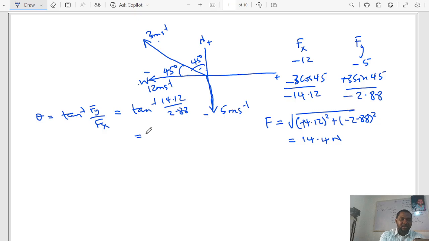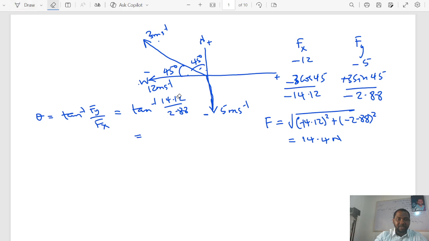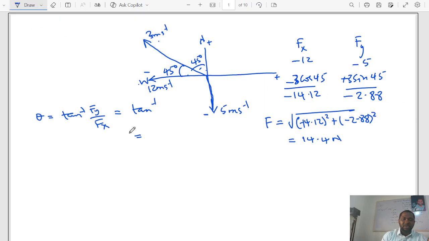Sorry, that's a mistake, please. The vertical component is 2.88, the horizontal component is 14.12. So that should be 2.88 divided by 14.12.